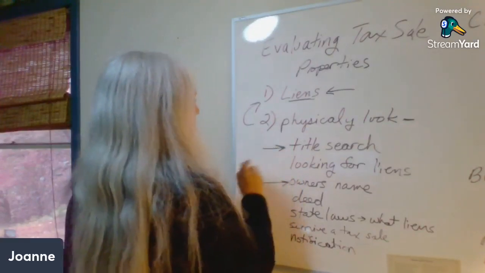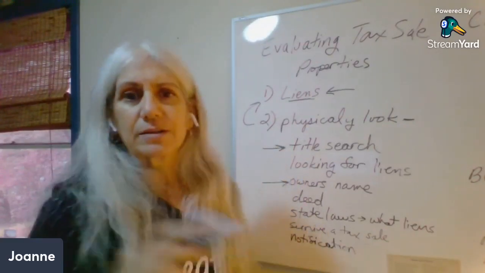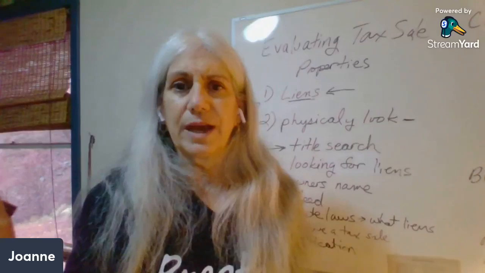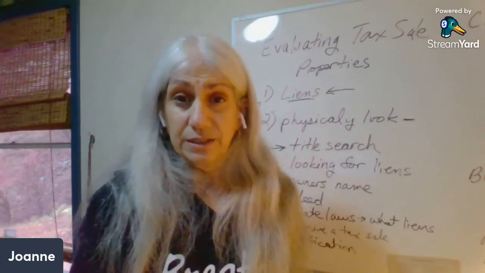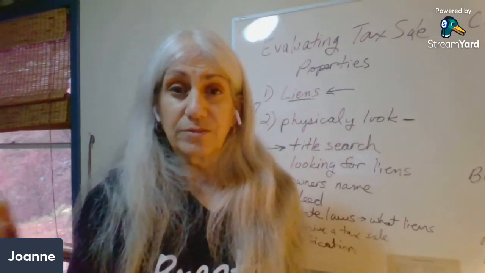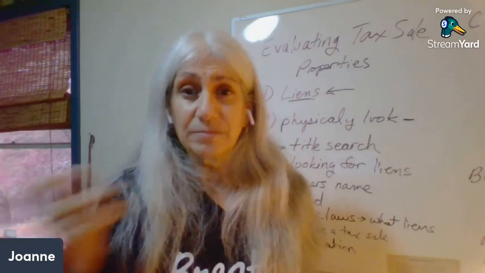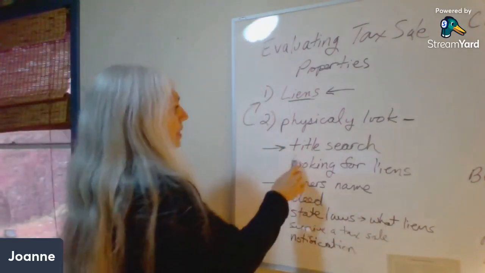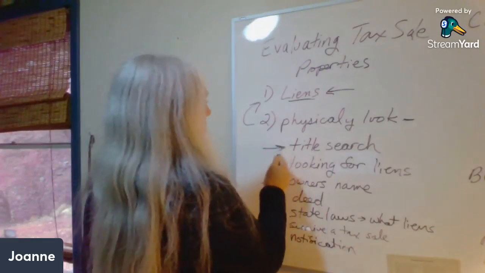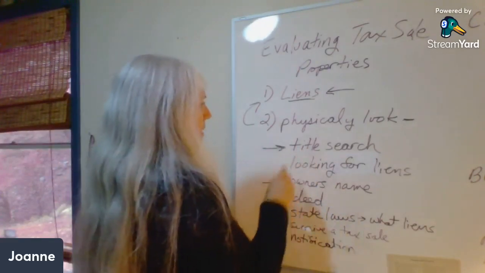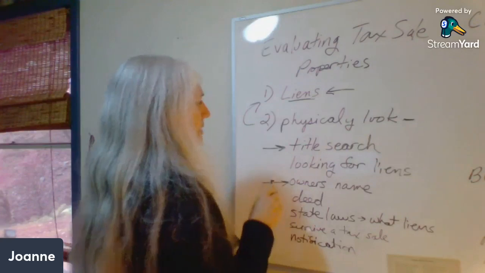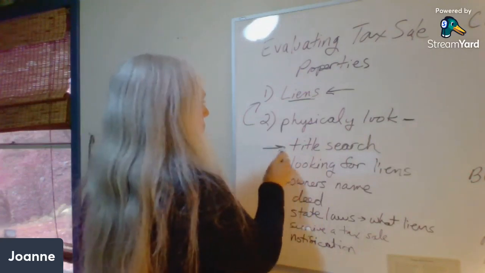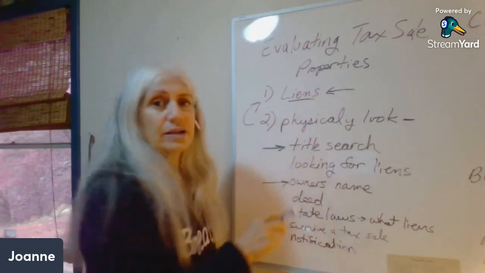If you go to the public records, here in Pennsylvania we have what's called a prothonotary. Go to the prothonotary's office and ask somebody there. They should be able to help you with this. Again, you're going to search on the owner's name and see what mortgages or liens are filed on that property.